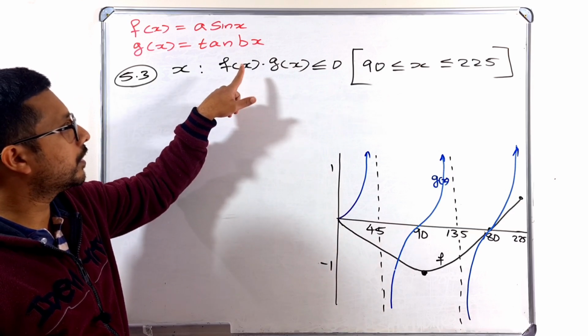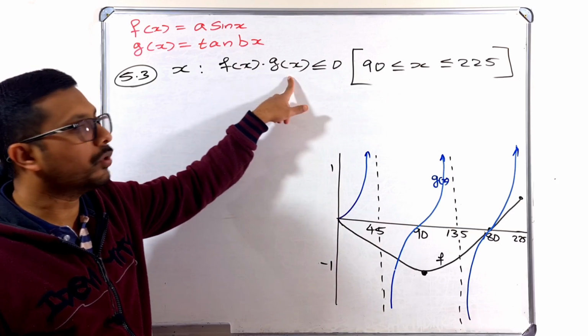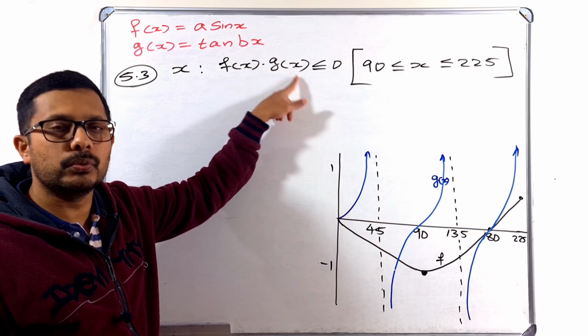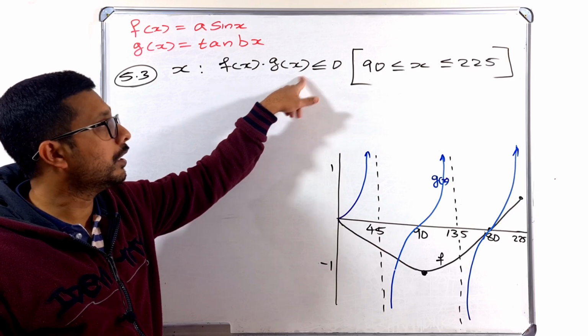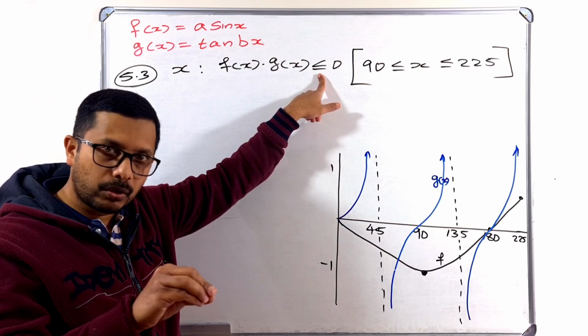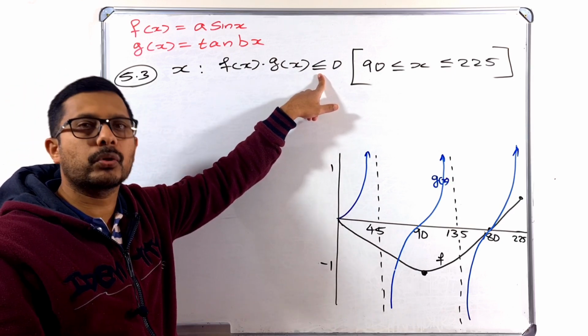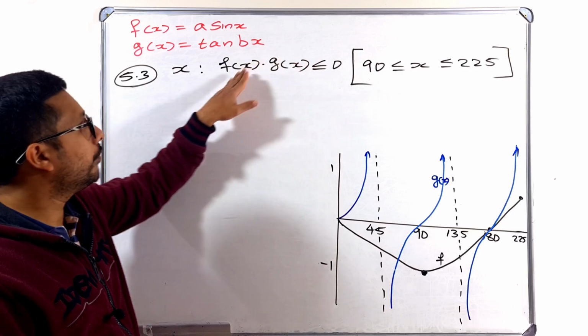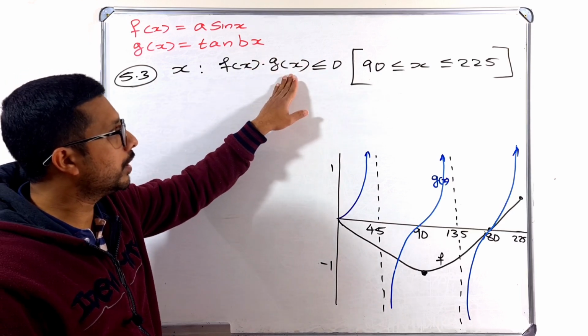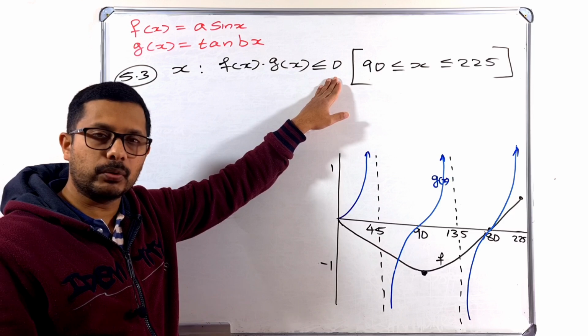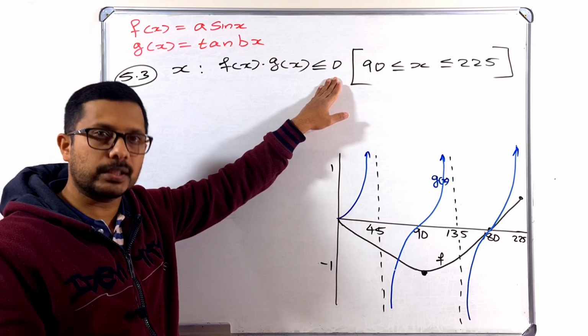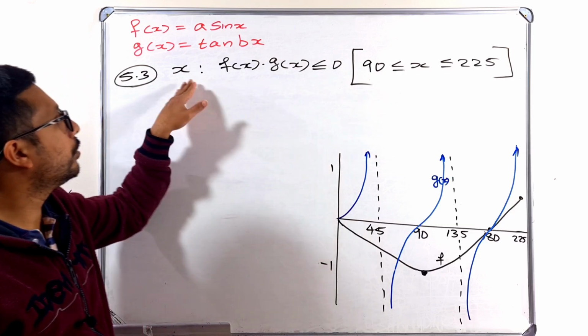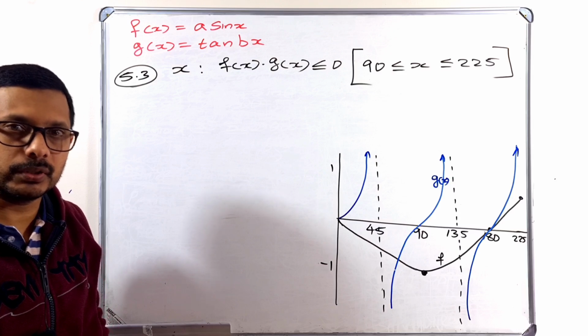Then what is the condition? f of x times g of x. When you multiply those two functions, the answer is either 0 or less than 0, negative. So you have to find the corresponding x values. That is the question.